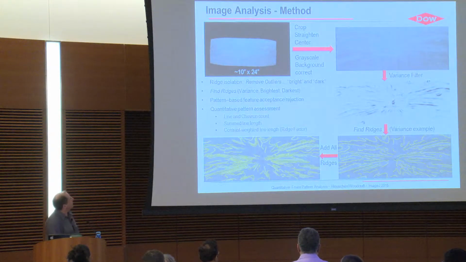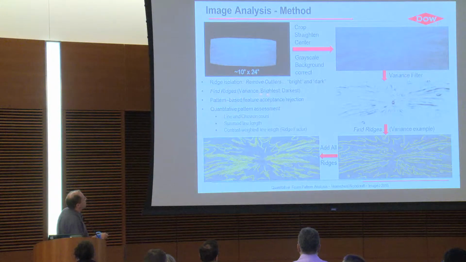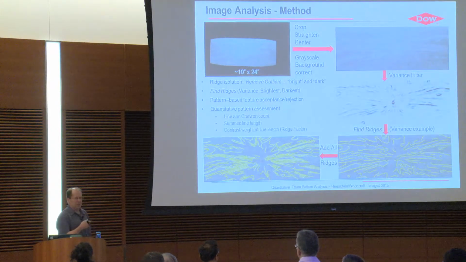This kind of jumps ahead a little bit, but I used the Find Ridges algorithm from Bob Doherty. Basically, we did it on 3 different images, or 3 different implementations. First of all, we looked at the bright ridges. You can see the bright regions. Then we looked at the dark regions, and then we looked at the transitions between light and dark.